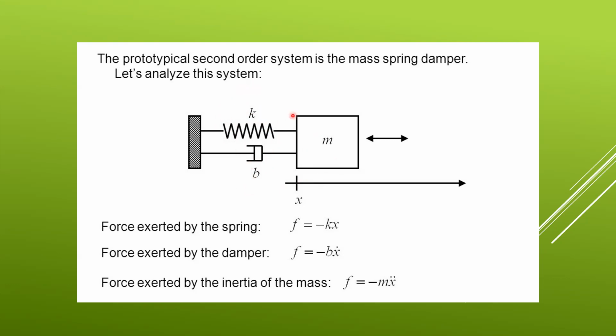And from this, what we have is the force exerted by the spring, which is going to be K times the X, which is going to be not the height, but how long it will deform.